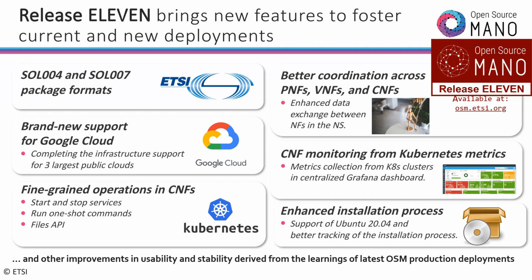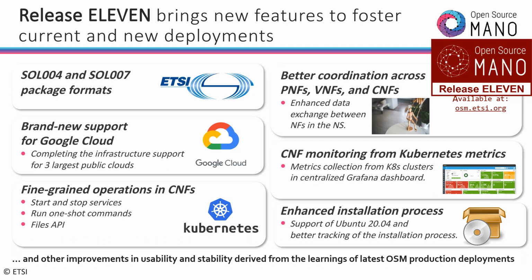From the perspective of Kubernetes, we had strong support already in release 10, but now we are extending it with some operations that are really useful in operation, but not necessarily trivial from the perspective of a Kubernetes environment, and not easy to get out of the box. With the addition of these features, you can enjoy them from OSM: starting and stopping the services in the containers, running one-shot commands, and an API for files.